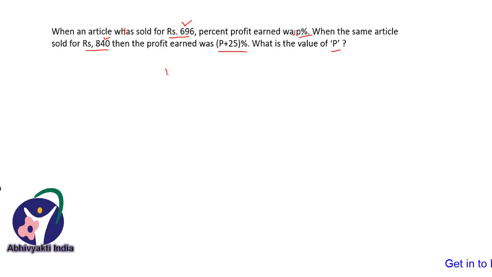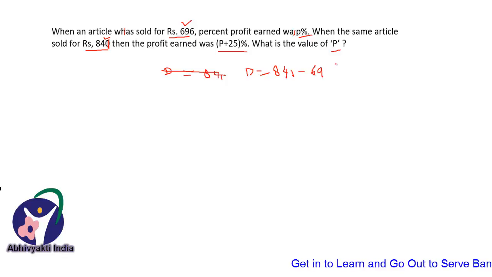So the difference of the selling prices is equal to 841 minus 696, that is equal to rupees 145.